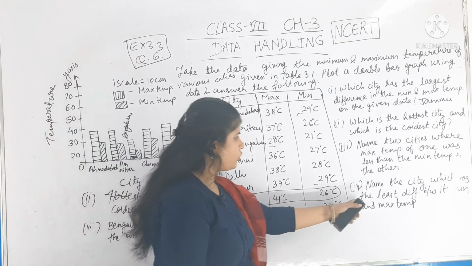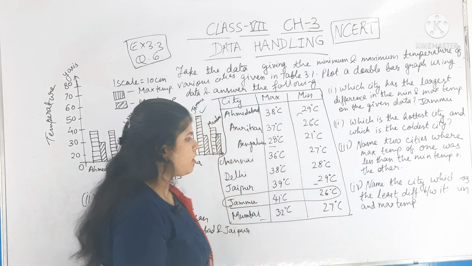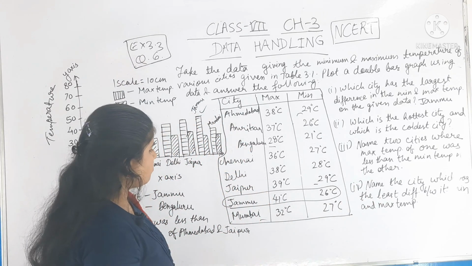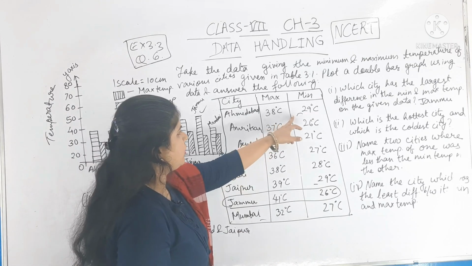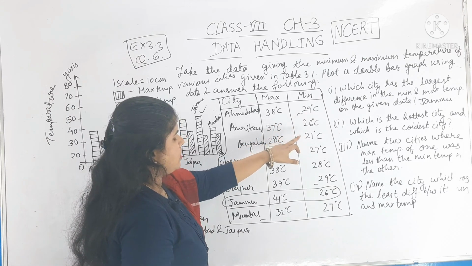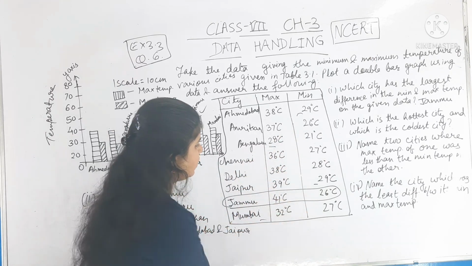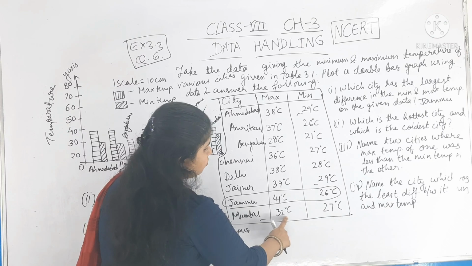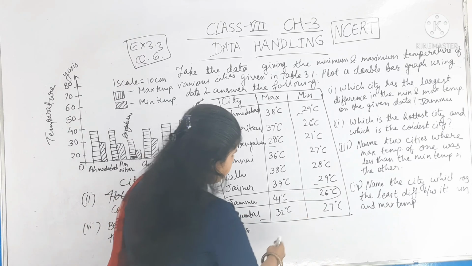Now the fourth part: name the city which has the least difference between its minimum and maximum temperature. You have to subtract for each: 38 and 29, 37 and 26, and so on. Here you can see 32 degrees Celsius and 27 degrees Celsius, a difference of 5 degrees Celsius.